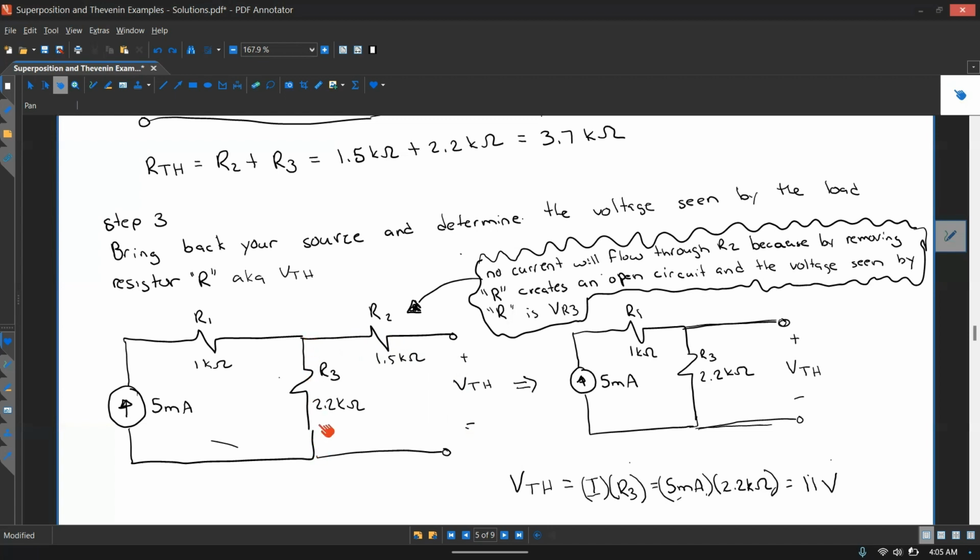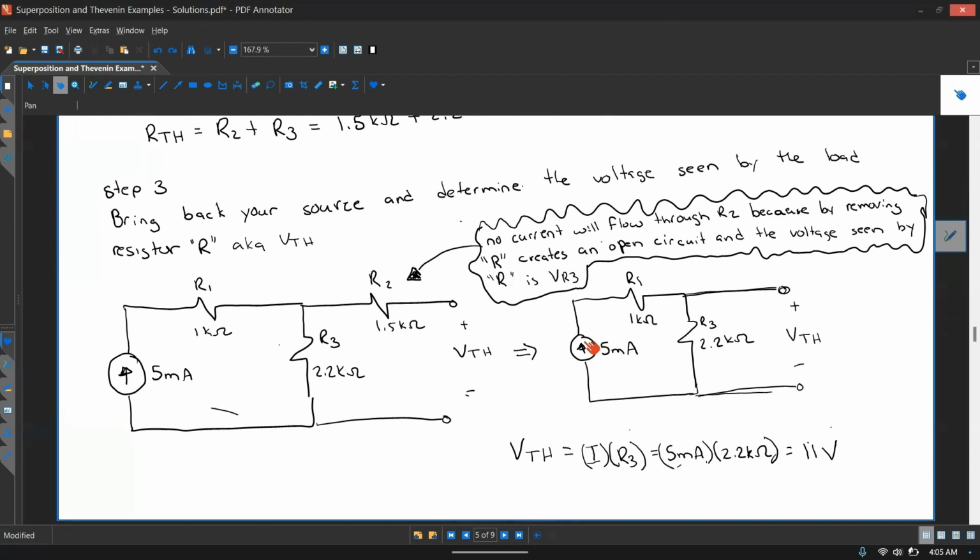Therefore you can simplify your circuit like such, where you can just get rid of R2. Really what you have here is a current source and 2 series resistors. All you have to do is find the voltage across R3, which is pretty straightforward, just a simple Ohm's law equation. Your V Thevenin is equal to I times R3, which is 5 milliamps times 2.2 kilo ohms, which equals 11 volts.